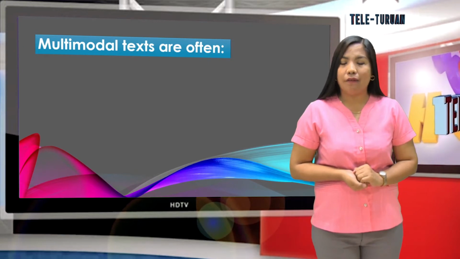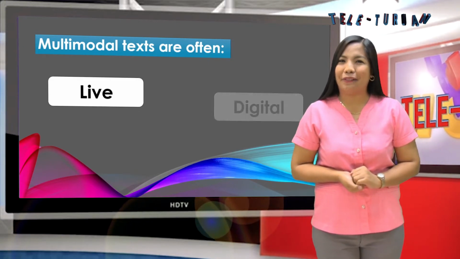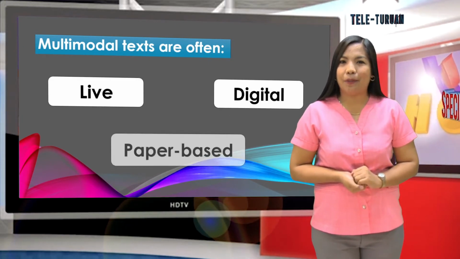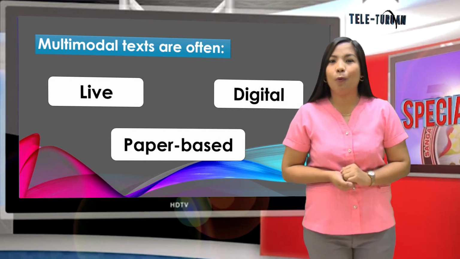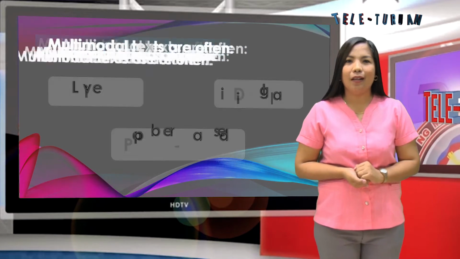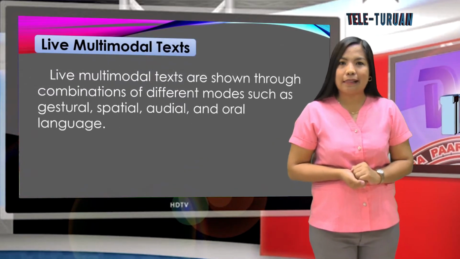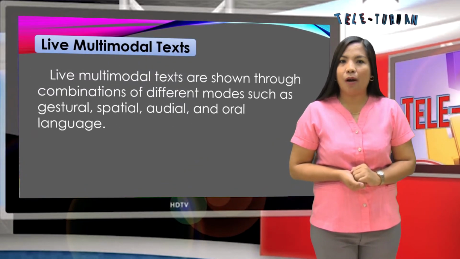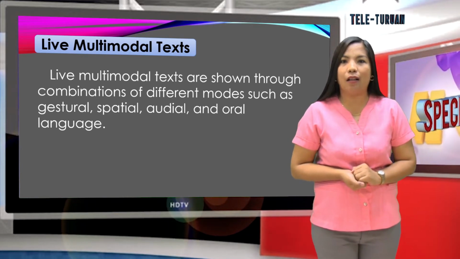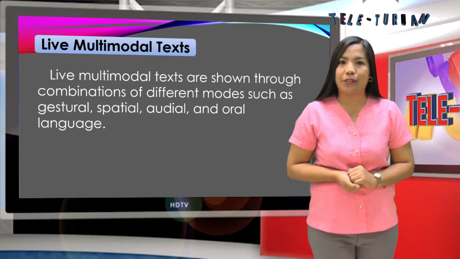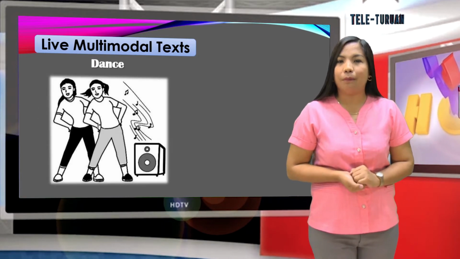Multimodal texts are often live, digital, and paper-based multimodal texts. So let us discuss them one by one. Live multimodal texts are shown through combinations of different modes such as gestural, spatial, audio, and oral language. It can be in a form of dance.